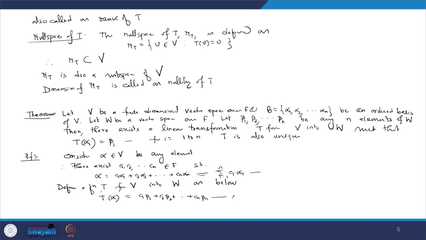This is my definition of the function. Claim: T is a linear transformation from V into W. See, it is a function from V into W, that is clear, because beta 1, beta 2, ..., beta n are elements of W, and taking a linear combination of them will certainly be in W. So, it is a function from V to W is clear, and it is also well defined. This also implies T of alpha i equal to beta i.